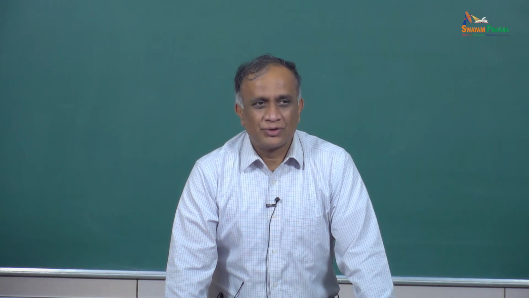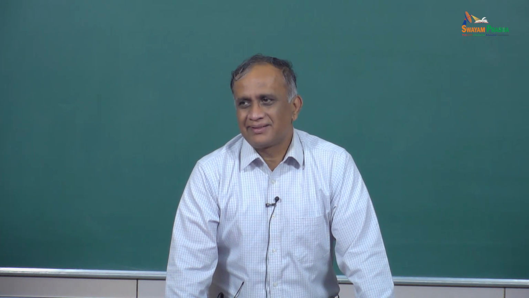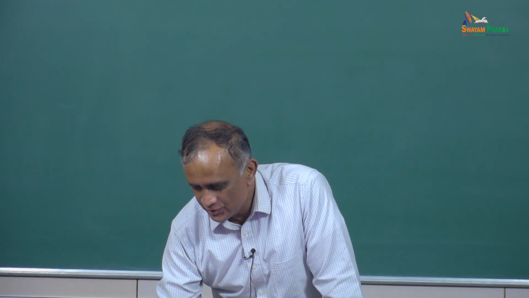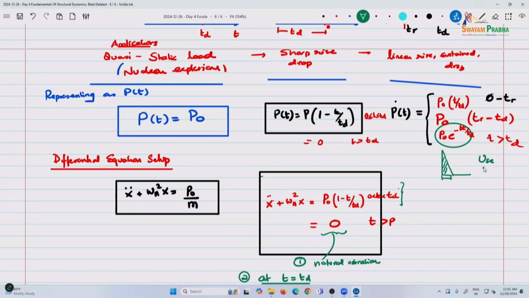Equivalent triangular, so impulse equivalence, right? Yeah. So you can use, very good, impulse equivalence. I'm not going to ask you to do any of these solutions, so don't start sweating. Or maybe I should, during tutorials.